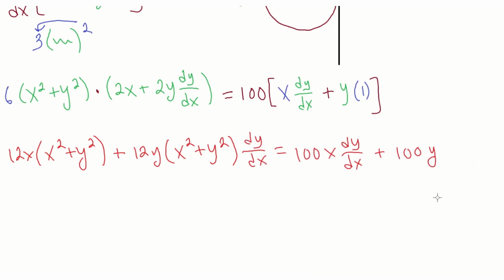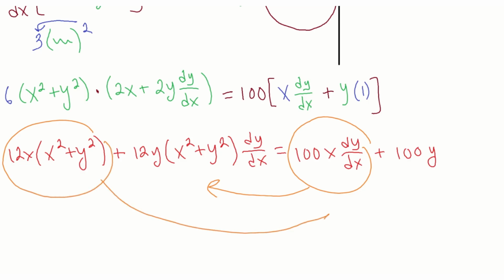Here's our expanded equation. Let's get all the terms with dy by dx on the left side and all the terms without it on the right side.